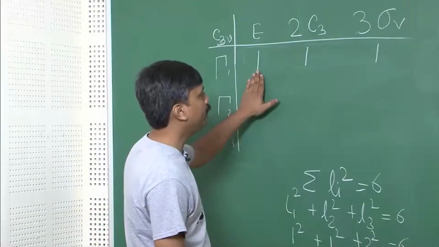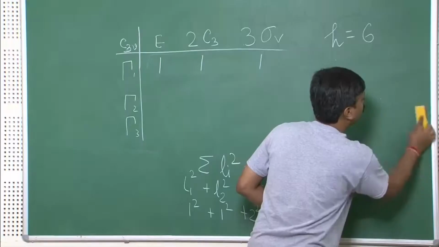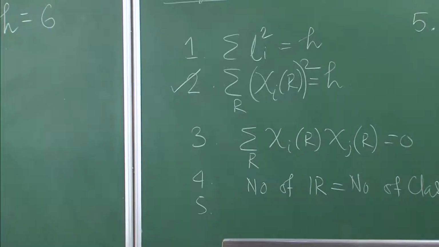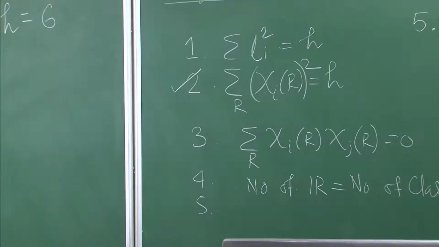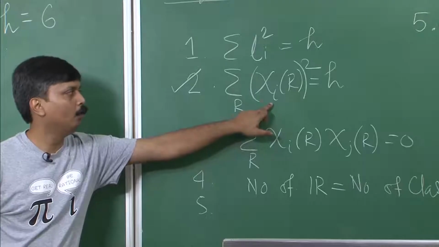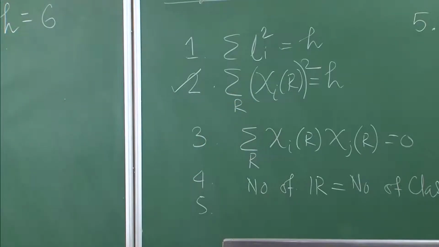We can also verify here that rule 2, which is over here, is satisfied, that is, the summation of the square of the characters for any ith irreducible representation over all the symmetry operations should be equal to the order of the group.